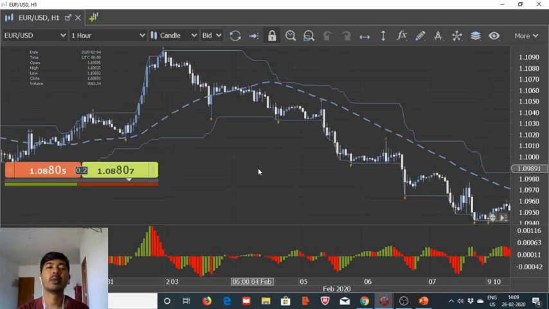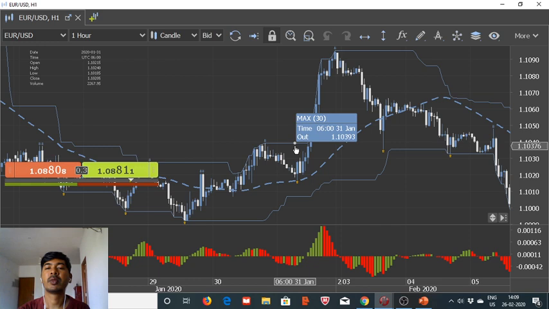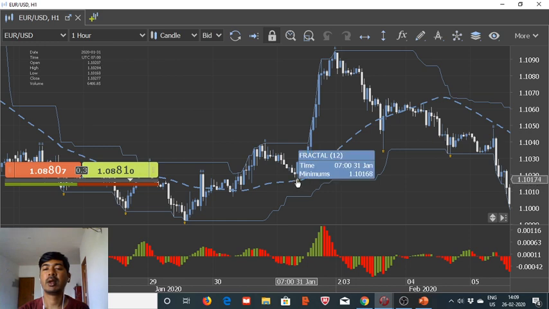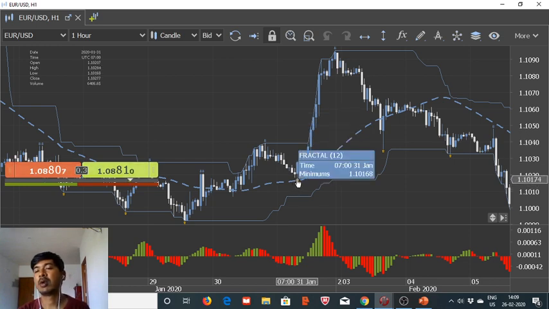You can use any discretion at your disposal. And here also the maximum value is 1.1039, and the SMA is 1.1016. So there is more than 25 pips difference.